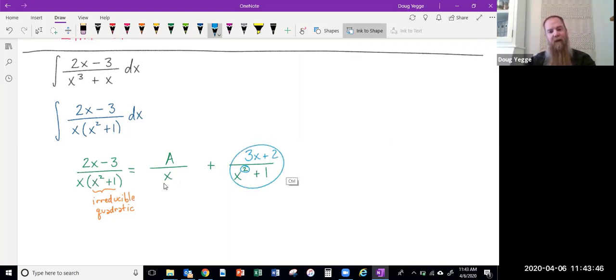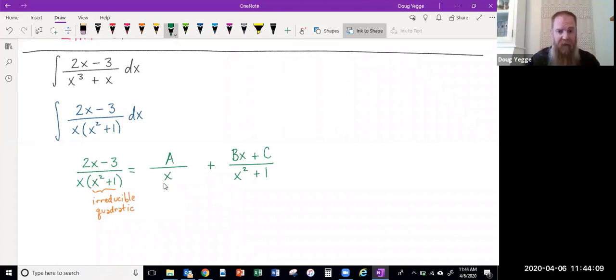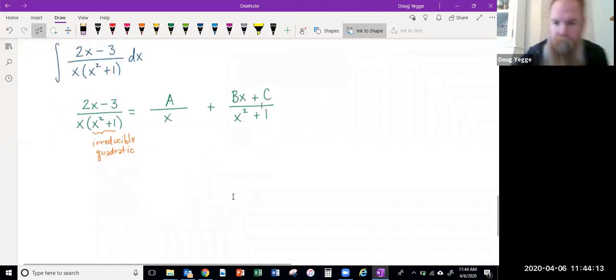And so notice that whenever you see an irreducible quadratic, the thing that you need to now take care of is that you might have an x term, and you also might have a constant term. So now you can't just put b over x squared plus 1 anymore. You have to account for the fact that there might have been a linear term and there might have been a constant term. Everybody cool with that?